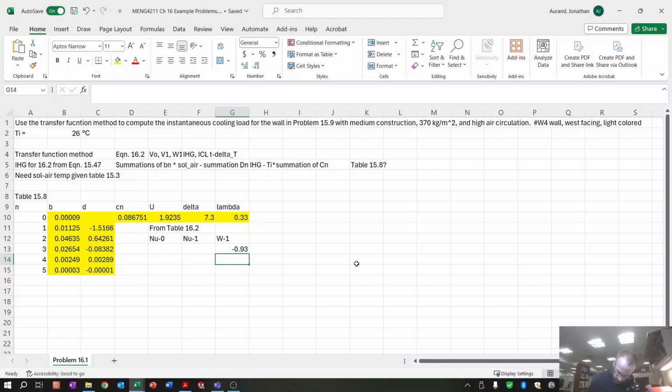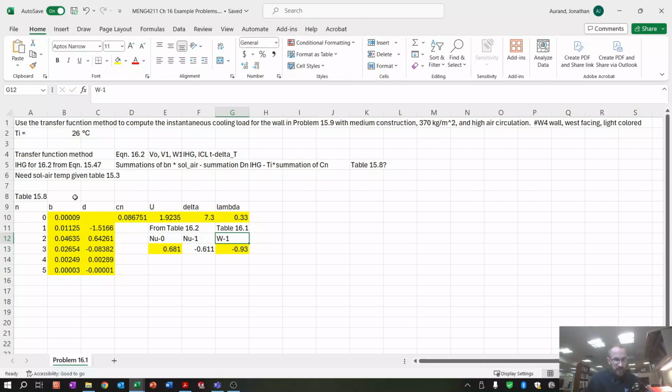Room construction is medium, so nu 0 is 0.681. And then in here we have 1 equals 1. So this is plus omega 1, I'm going to grab that, minus nu 0. Yes, so there we have that, and I'm going to put these here. That was 16.2, and this was table 16.1. Alright, so I think we're close.